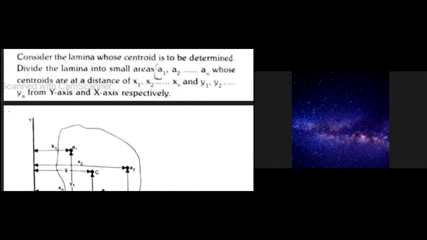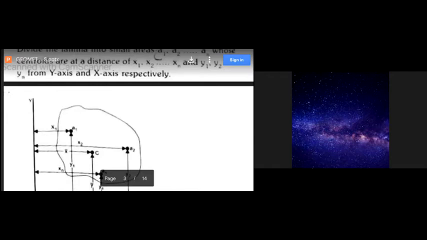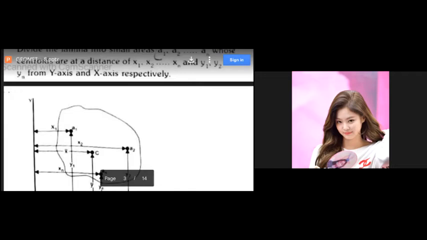Here A1, A2, A3 and so on, AN are the areas of the small segments, and the total area of the lamina is capital A. So capital A is equal to A1 plus A2 plus A3 and so on, the sum of the area of each and every segment, that is, particle of the lamina.